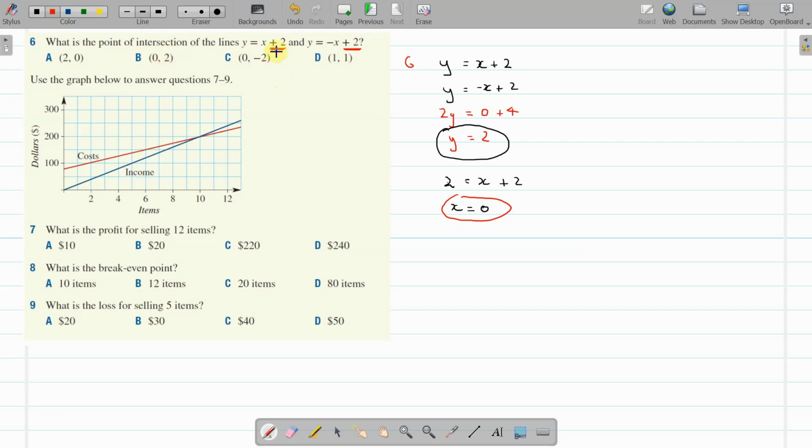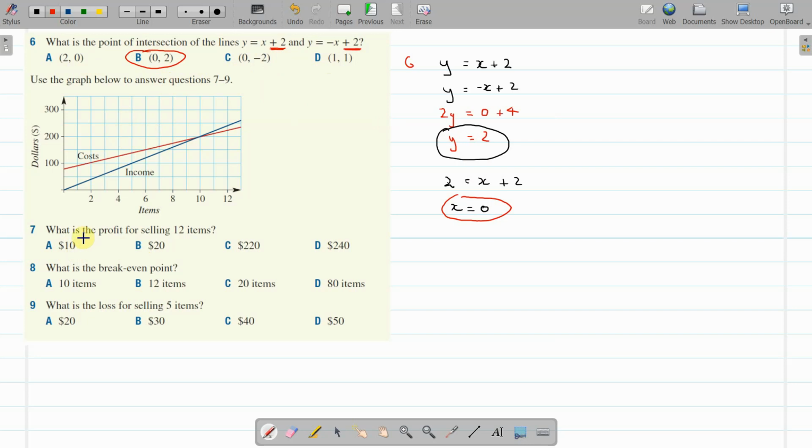The y-intercept happens when x equals 0. So there's only one of these where x equals 0 and y equals 2, and that's that one. So there's our answer.